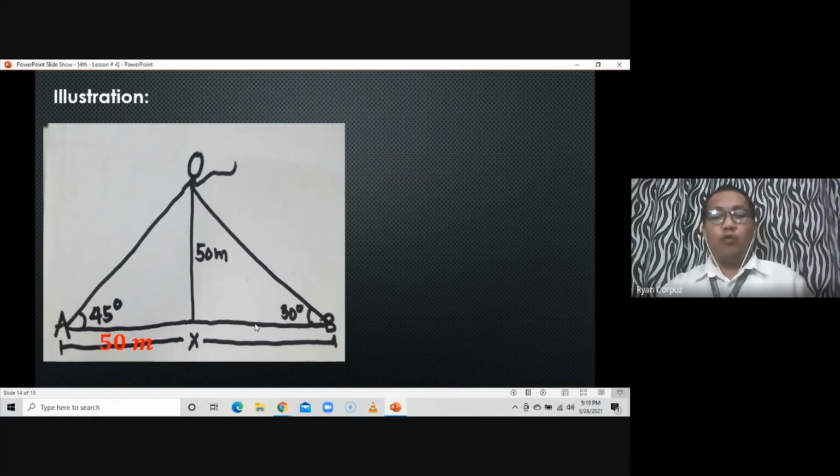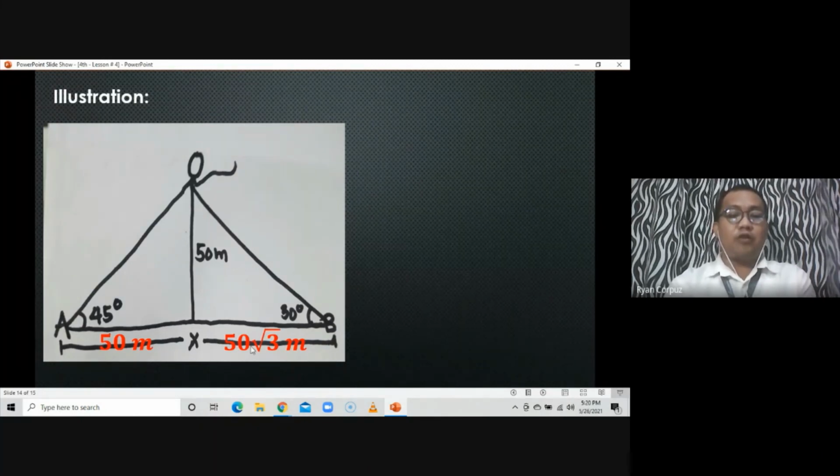Diba? According to the 30, 60, 90 degree triangle theorem, given the shorter leg, for you to find out the longer leg, it's just shorter leg multiplied by square root of 3. So meron kang 50 times square root of 3, so magkakaroon ka ngayon ng measure of this side as 50 square root of 3. Mas mahaba to kasi ito 50 meters lang, ito 50 square root of 3 meters.